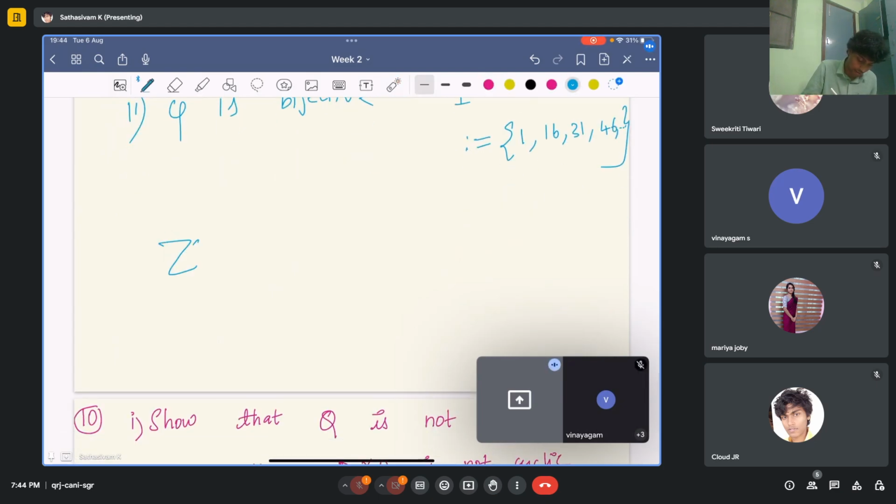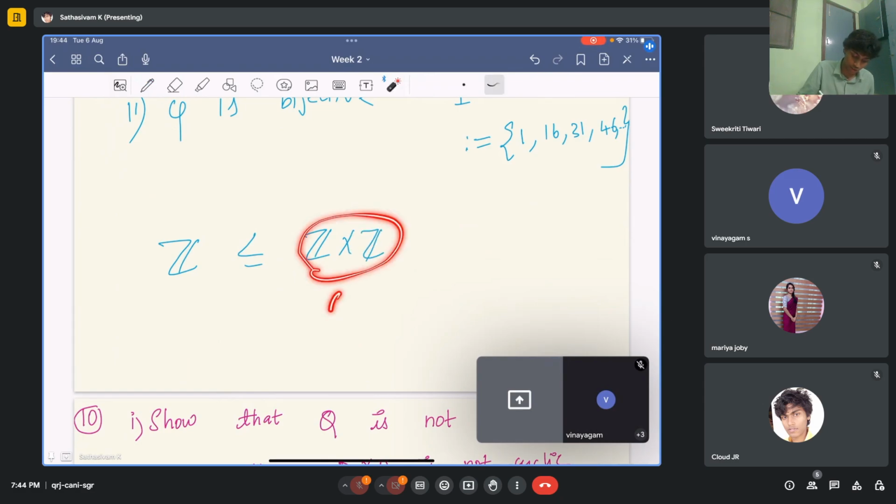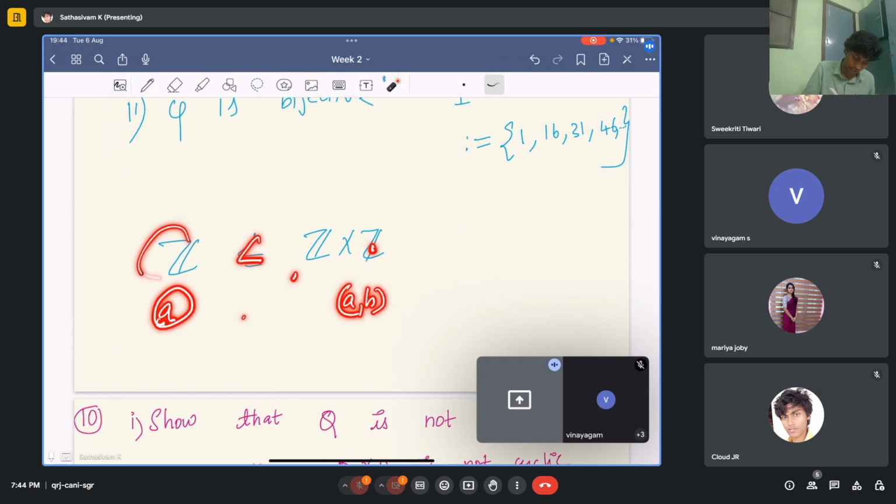For example, one can also say something like this. You have this Z, right? One can say this is a subgroup of Z cross Z. Okay, but if you look here, the element here looks like (a, b), but the element here looks like just a. But I see the element here as an element in Z, let's say a, and I see it as an element something like this.